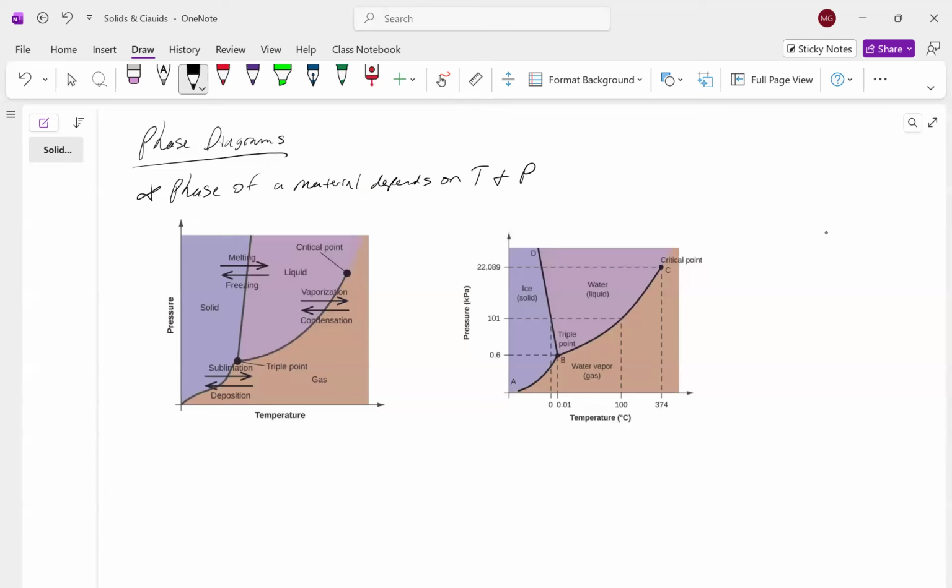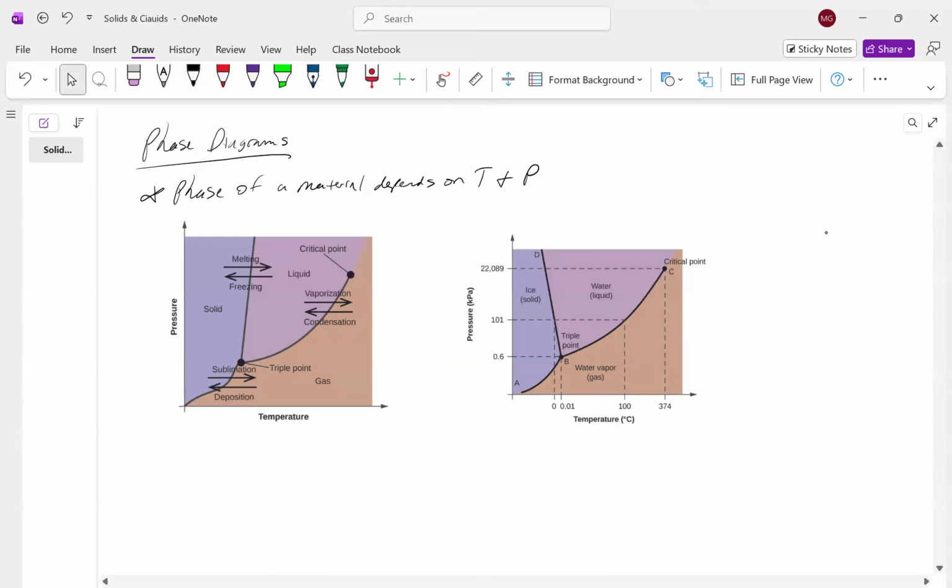We'd like to have a diagram to look at so that if we have both conditions, we can accurately predict what phase that substance will be in. Or if we describe a transition from one temperature to another or one pressure to another, what kind of transition are we going to describe?